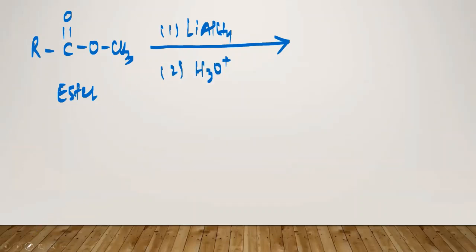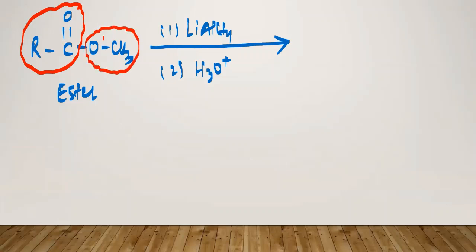Correct? So what we are going to do, you break the ester into two parts. Break the ester into RCO group and CH3O group. That is acyl group. This is your acyl group. Break the ester into acyl group. And this group is called as alkoxy group.